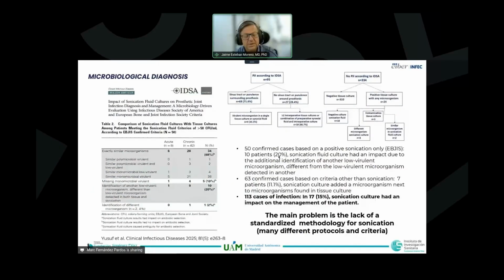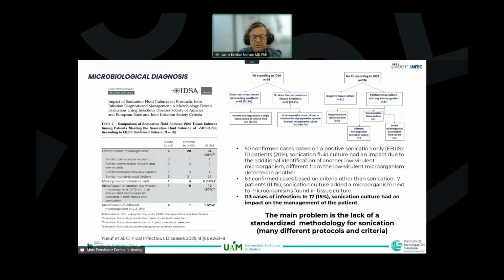These results were confirmed last year when the team of Yusuf and collaborators published a study in Clinical Infectious Diseases. As you can see in the slides, in about 15% of the cases sonication had an impact on the management of the patients, which is quite similar to our previously published experience.